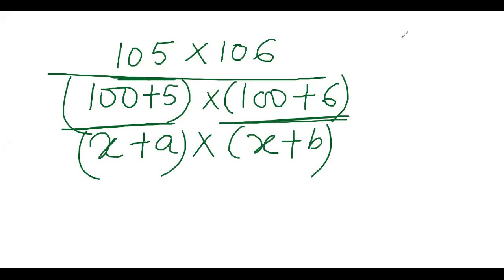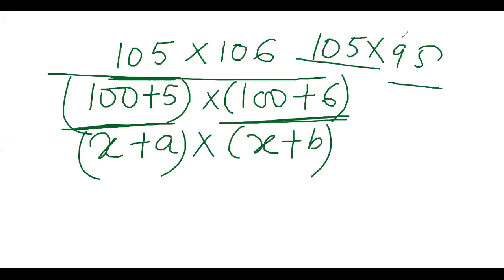What we will do here, we'll take it as nearest tens, hundreds, so that it can be easy, and we will use the identity then, where the first digit should be the same. Maybe the second also, it can be like this, 105 into 95. So we can write down here 100 plus 5 into 100 minus 5, and we can use the third identity there.